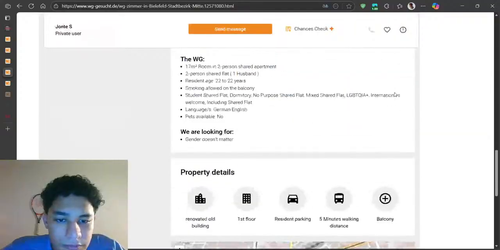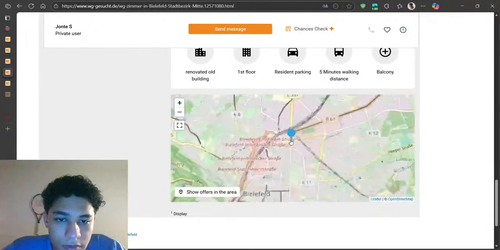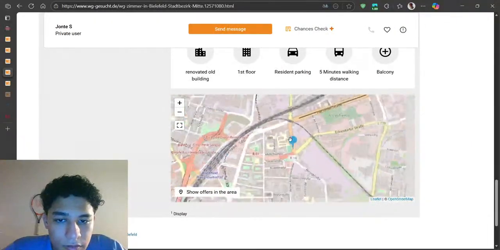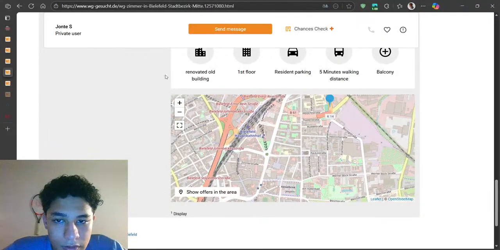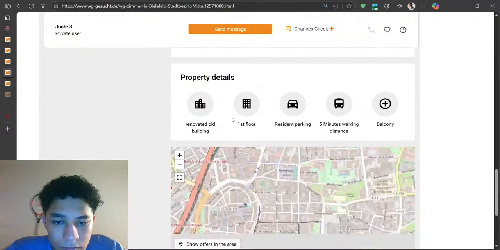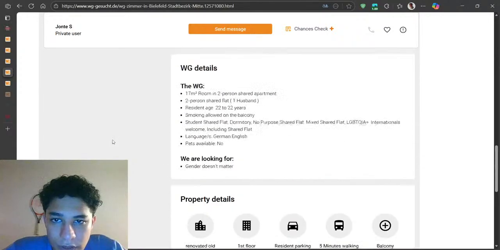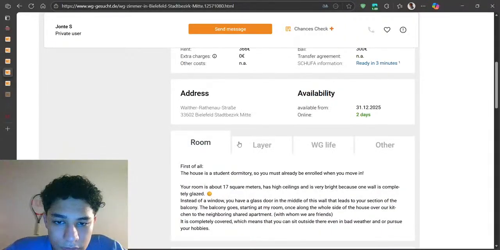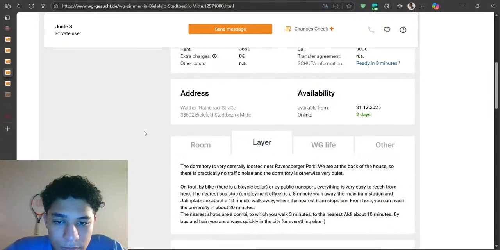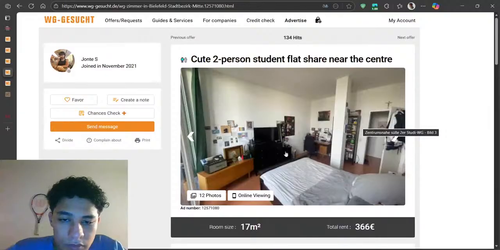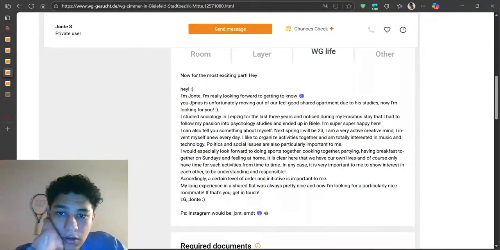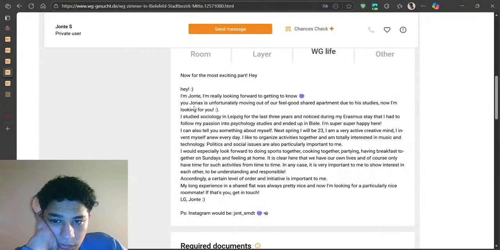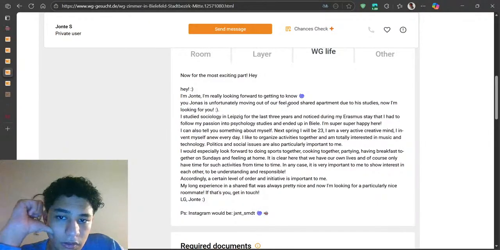Where is the location first? Okay, actually, that's not bad. It's not that bad. It's decent. There is no tram there, but it's decent.